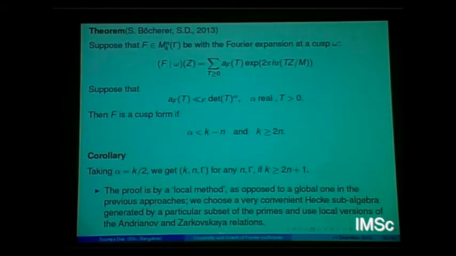It's a global result, and instead of that, what we do here is choose a very convenient Hecke subalgebra generated by some particular set of primes, namely p congruent to 1 mod the level or something, and you only use that subalgebra, and we again diagonalize, and we use the local versions of this Andrianov and this Zharkovskaya, and surprisingly what happens when we do this, we see that we can argue algebraically. We do not need any L-function.